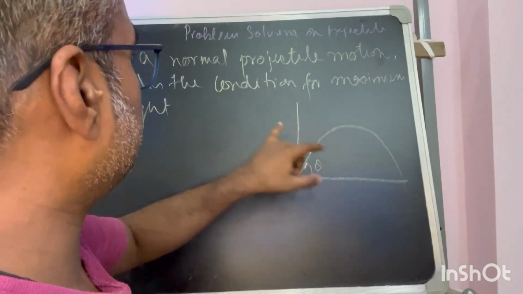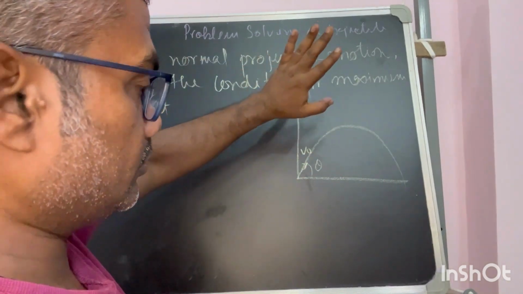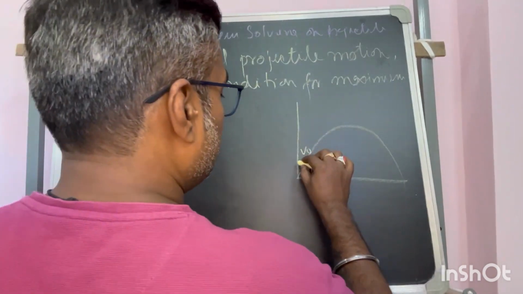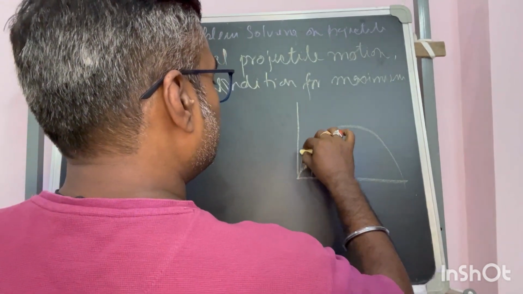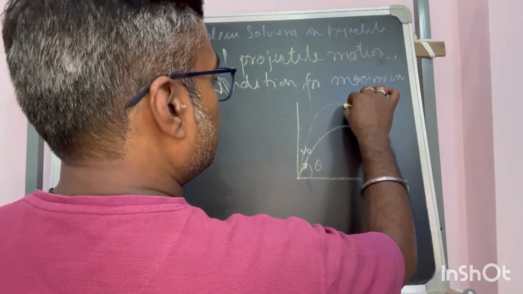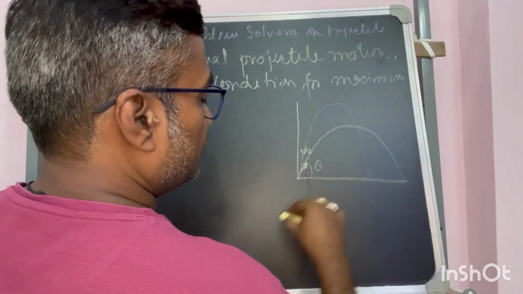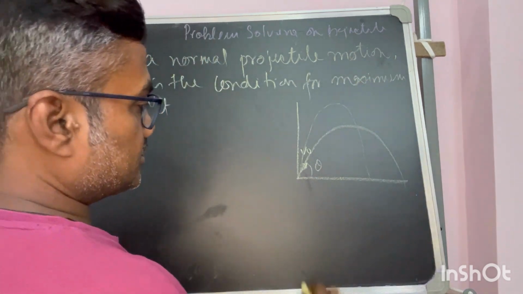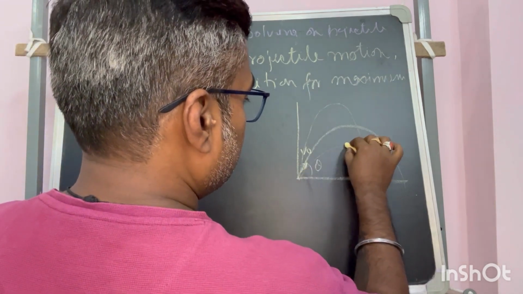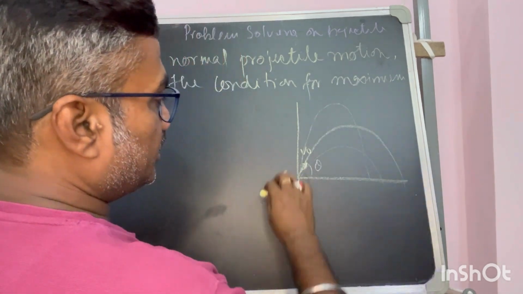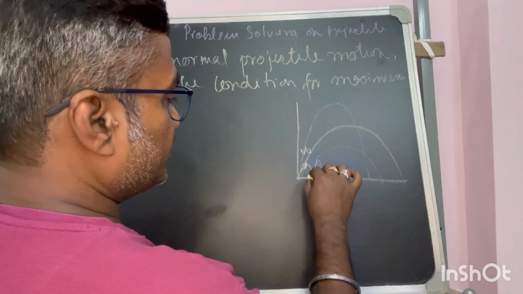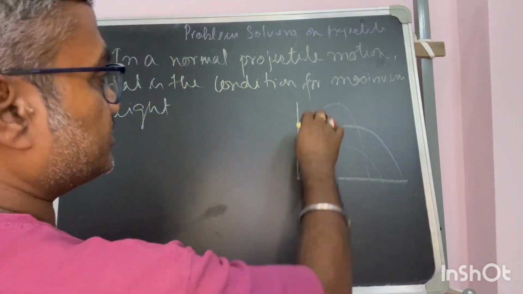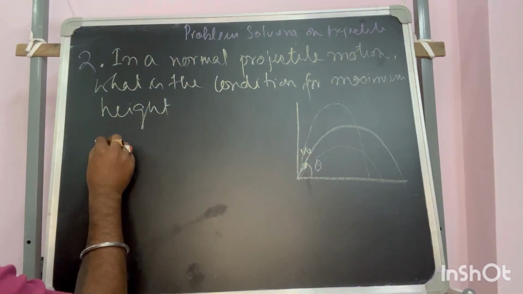In that condition will it reach the maximum height? No, because as I have shown in the last problem also, if you throw at a higher angle it may reach a higher elevation, but it will fall down a lesser distance, or if you throw it at a lesser angle it will fall down earlier. So in any case the maximum condition for the range is different from the maximum condition for height. So now we have to compute that.